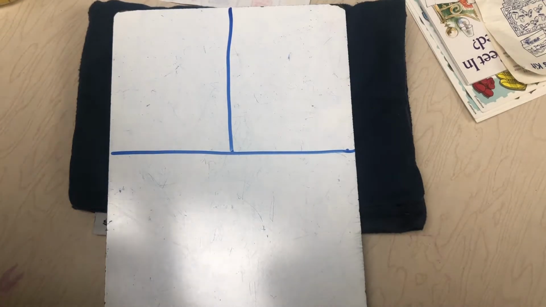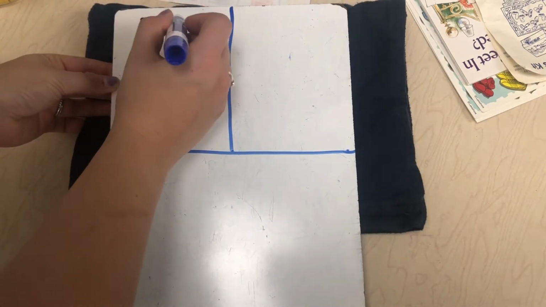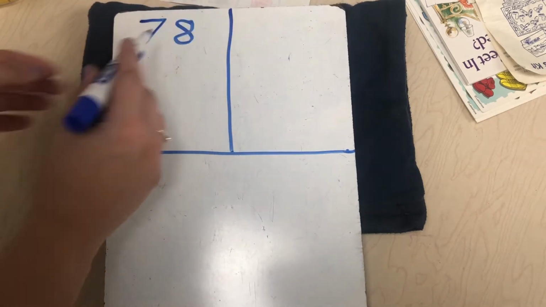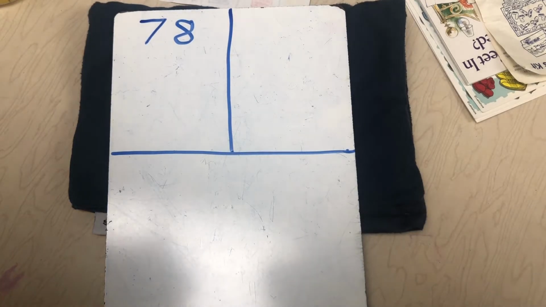So you're going to ask your child what the number 78 would look like. What would it start with? So that would be a 7 and an 8. Just encourage them to do the very best that they can.